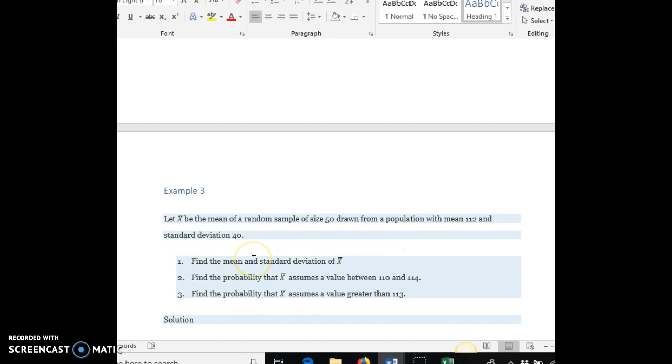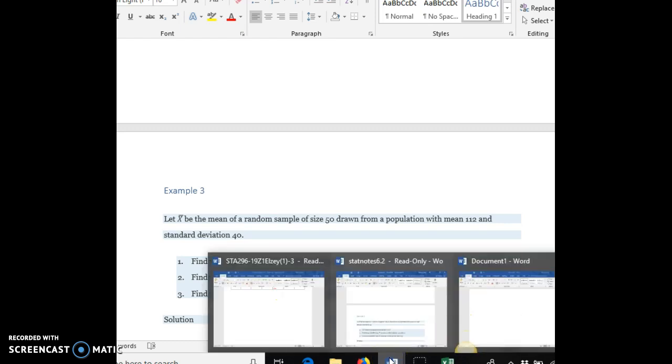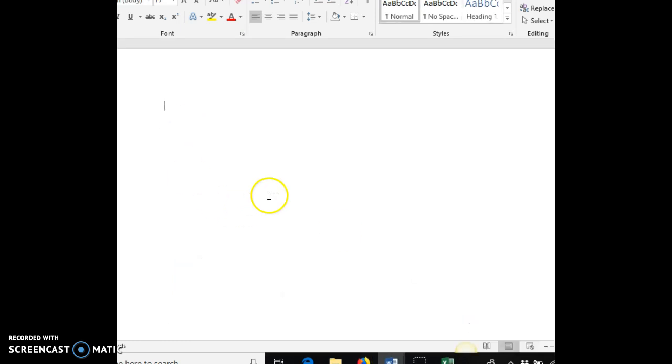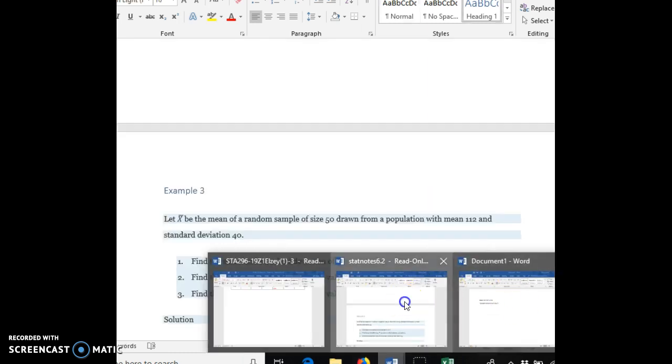So for part 1, the mean of the sampling distribution is always the same as the mean of the population. So our mean of our sampling distribution is 112. Our standard deviation, however, is a little different. So let me go to a blank page, and we're going to say the mean of x bar is 112, and the standard deviation of x bar is, now let's go back here for a moment to our standard deviation that we had.